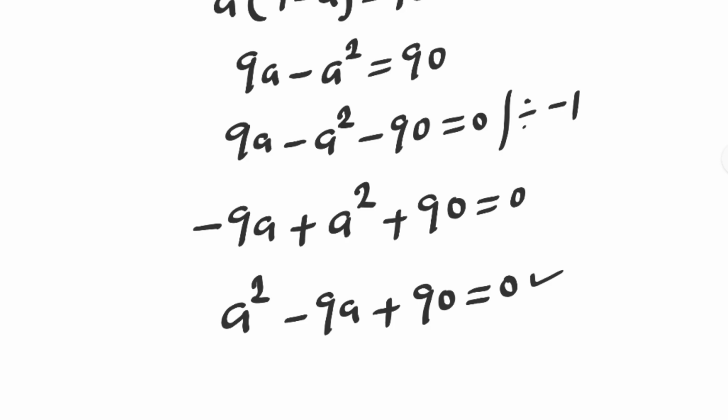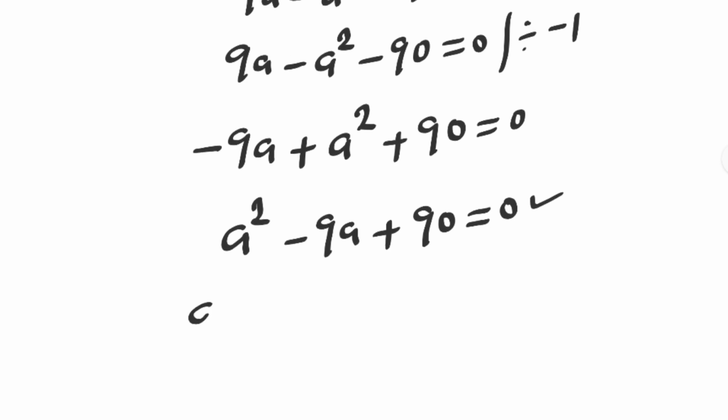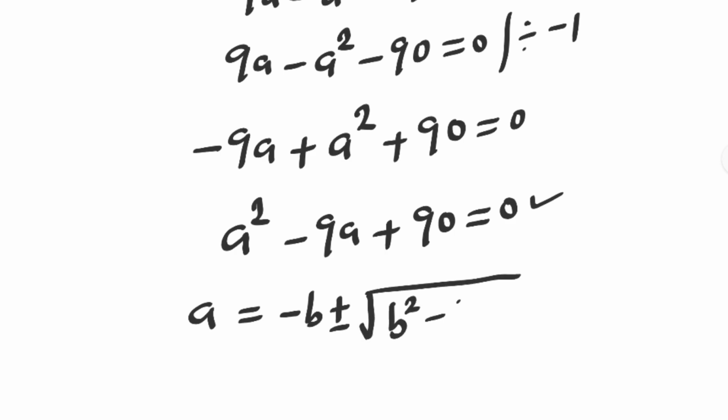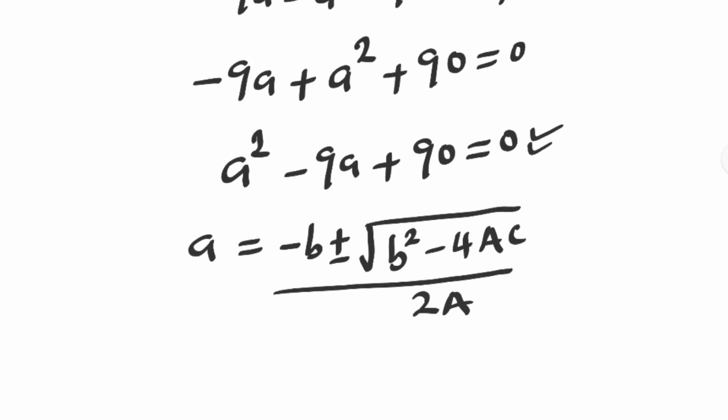Let us solve this using the quadratic general formula. A is equal to minus b plus or minus square root of b square minus 4ac all over 2a. Then from this equation, a is equal to 1, b is equal to minus 9, c is equal to 90.